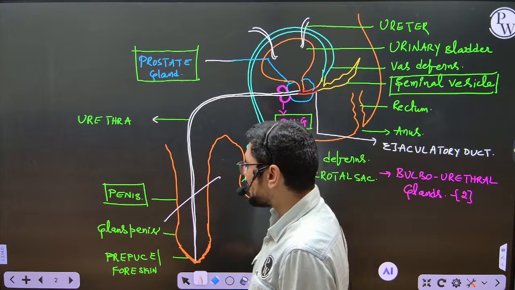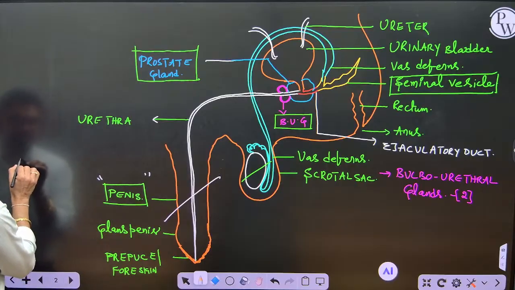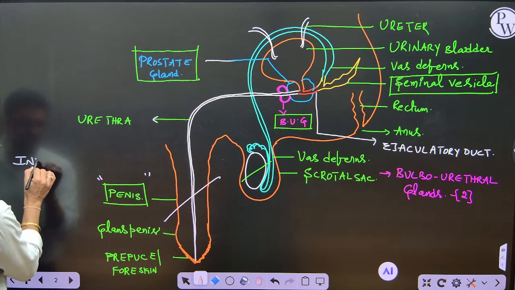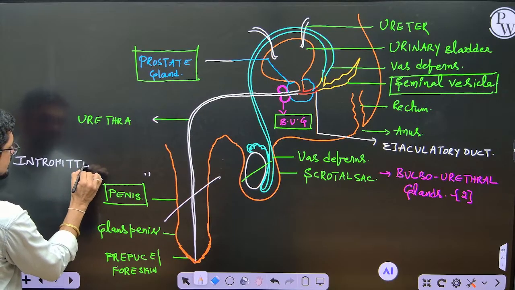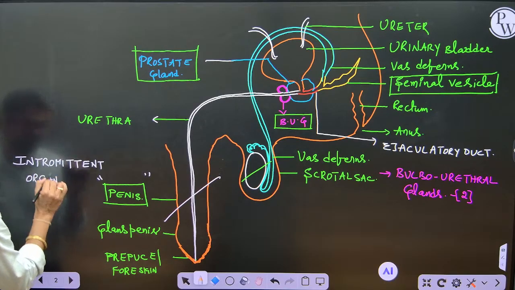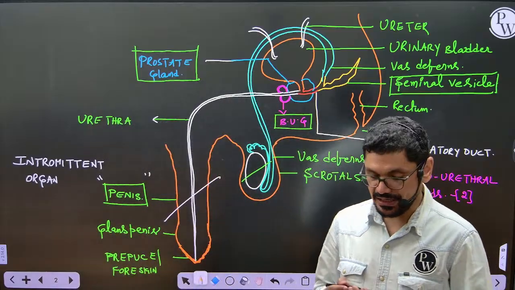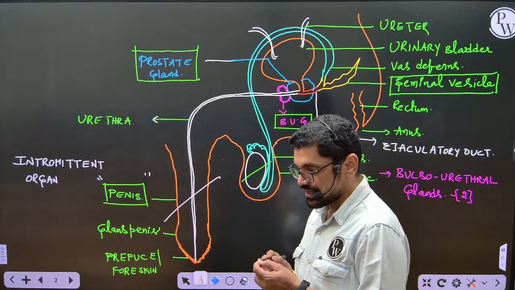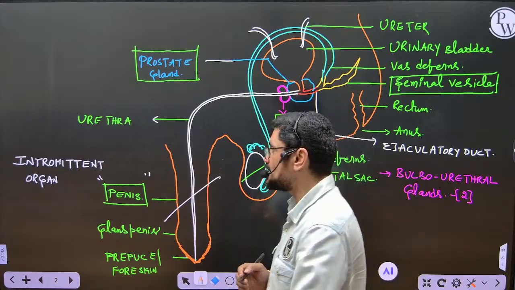What is this penis? The penis is a muscular organ, an intromittent organ. What is an intromittent organ? An organ which will be inserted internally into the female.